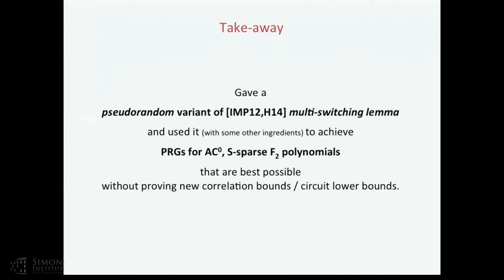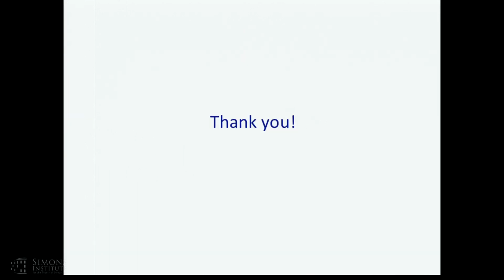And by using that together with this Ajtai-Wigderson approach, where Harsha and Srinivasan played a role, we're able to get these essentially optimal pseudorandom generators for AC0 and for sparse F2 polynomials, where you're not going to really be able to improve the parameters unless you can get some kind of very strong and exciting new results for correlation bounds or circuit lower bounds. Okay, so I think that's it. Thank you.